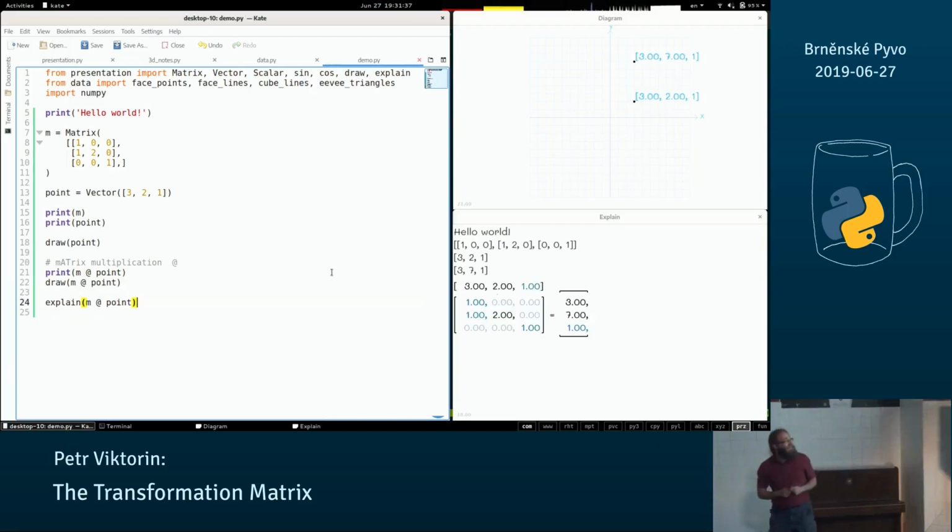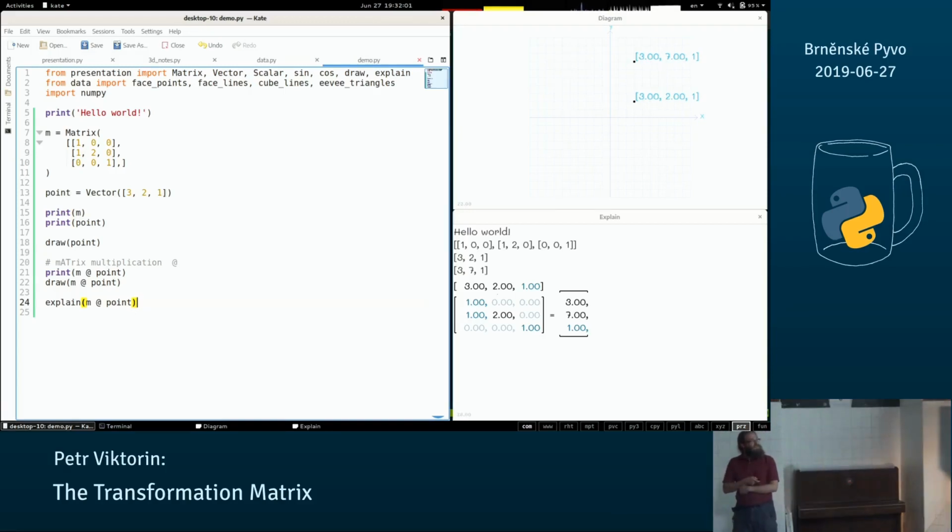So, I'm multiplying this matrix by this vector, right? And the result is a 3-element vector. From a 3 by 3 matrix and a 3-element vector, you get another 3-element vector. I've rearranged it a bit to make it easier to explain.